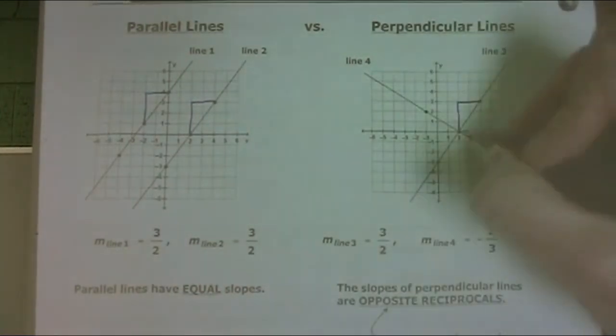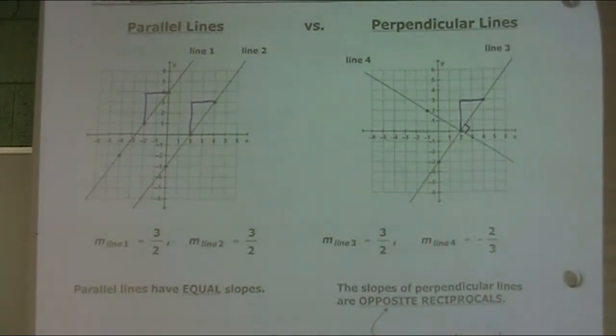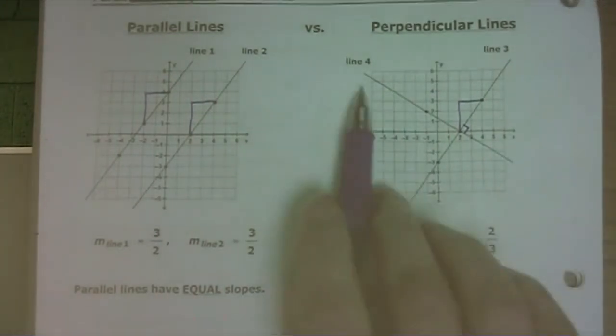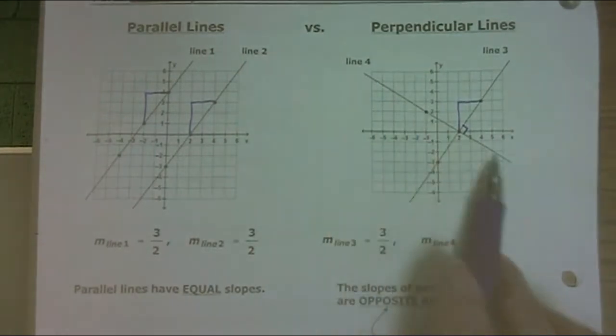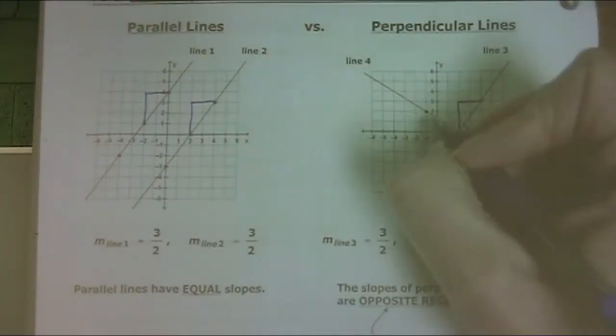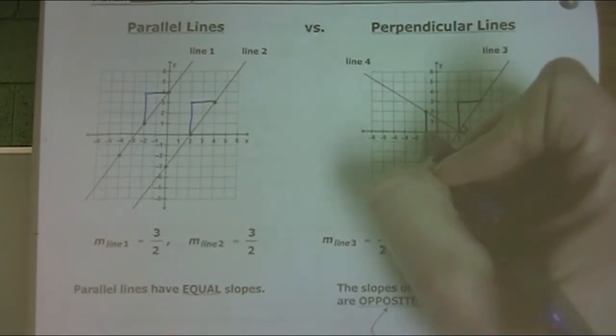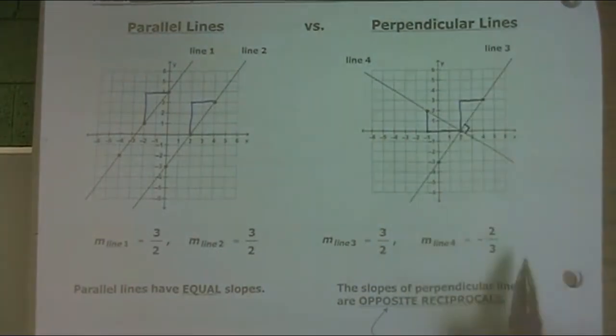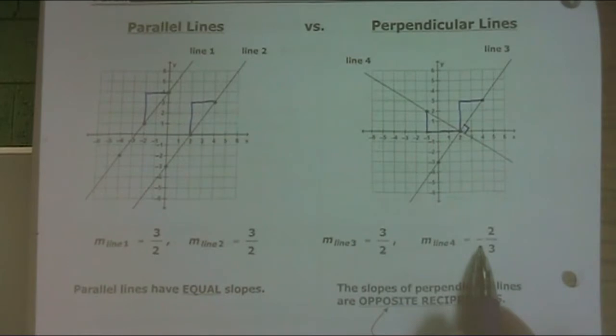And what that means is it forms a right angle with line 3. So a 90-degree angle. Now the slope of line 4, if you notice, as we go from left to right, it's going down, so it is negative. And in fact, we're going down 2 and over 3, which means the slope is negative 2/3.